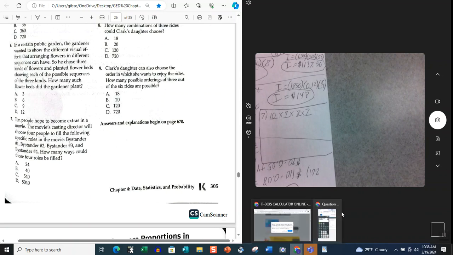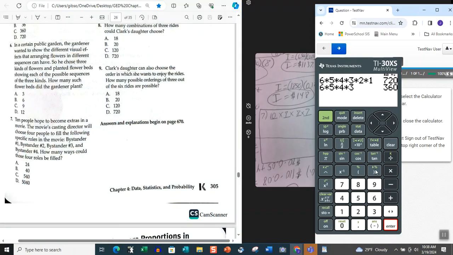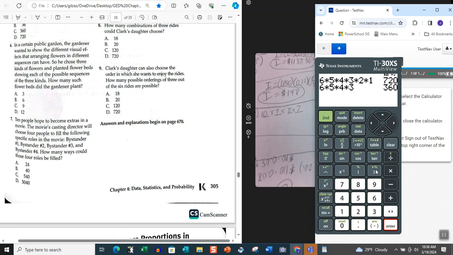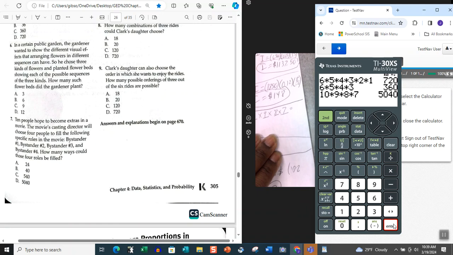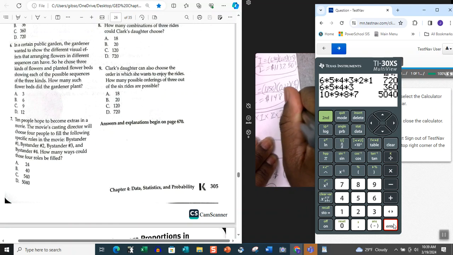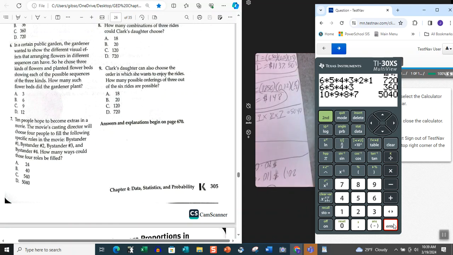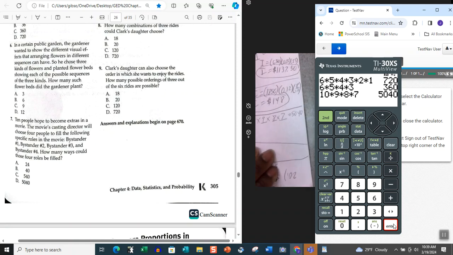Now we will go to the calculator. So we multiply this out. 10 times 9 times 8 times 7. And that gives us 5,040. So that equals 5,040. And 5,040 is D.